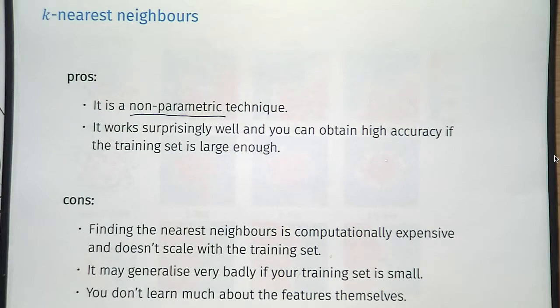Remember the gradient descent, it takes a bit of time to get to convergence. In this case, we don't even have that. There's no model to compute. You just evaluate straight from the training set. So that's very good. You don't have any parameters. There's no training phase.